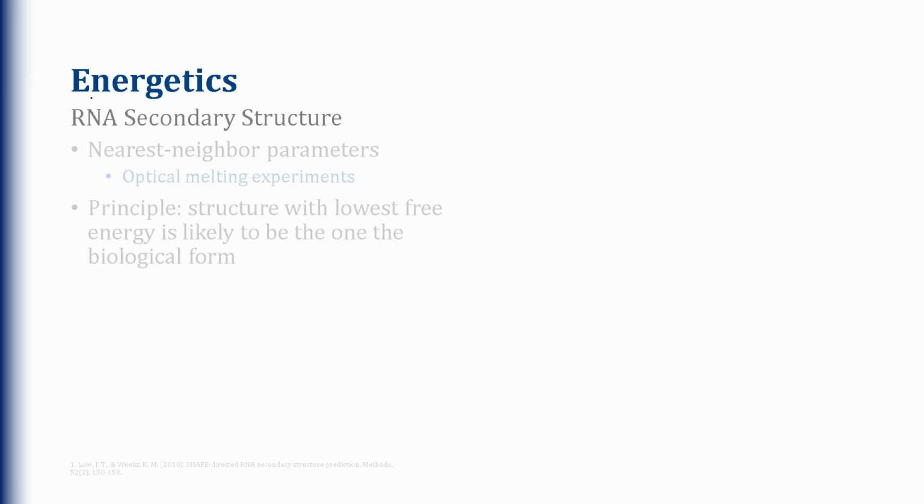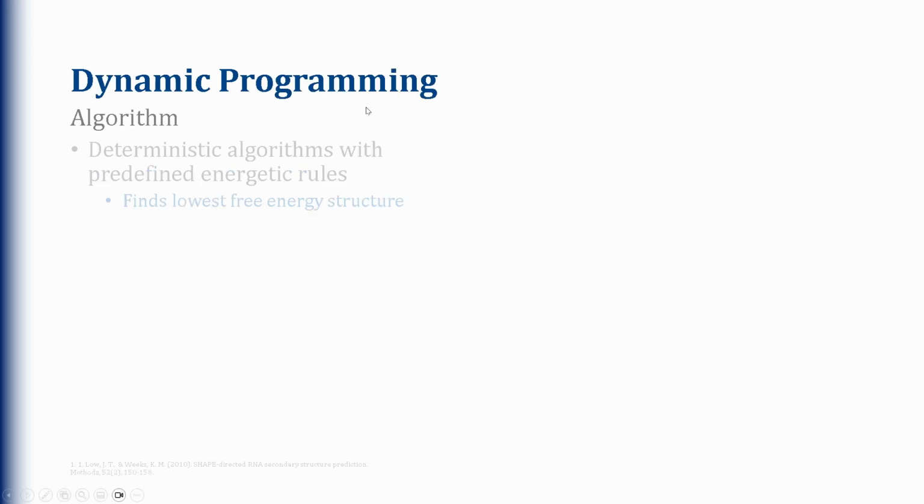Now, in terms of energetics, the basic principle here relies on nearest neighbor parameters. This information is obtained from optical melting experiments. And the principle here is that the structure with the lowest free energy is likely to be the one that's biologically active. Now, dynamic programming refers to algorithmic models. These are deterministic algorithms with predefined energetic rules that can be utilized to deduce a potential secondary RNA structure.